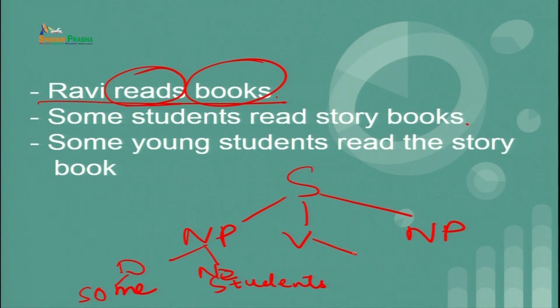The answer here is that read should be put. Now, the next matter that comes to our notice is story books. Do you think that story is a noun, or is it books which is a noun, or do you think both are nouns, or that both are adjectives, or one is an adjective and the other is a noun?